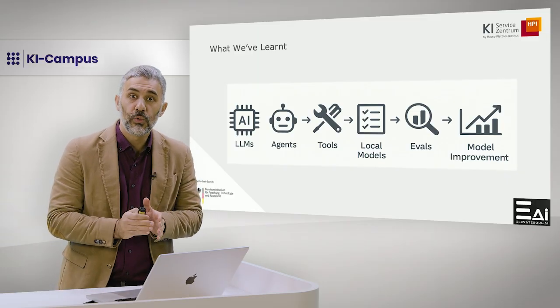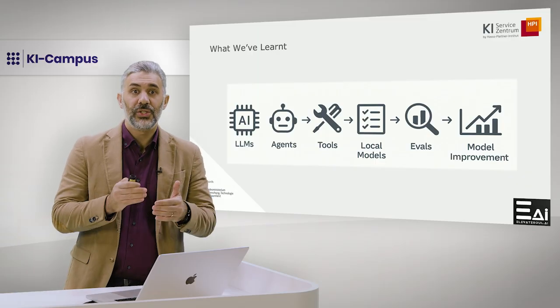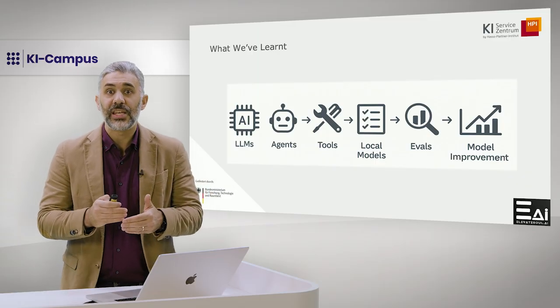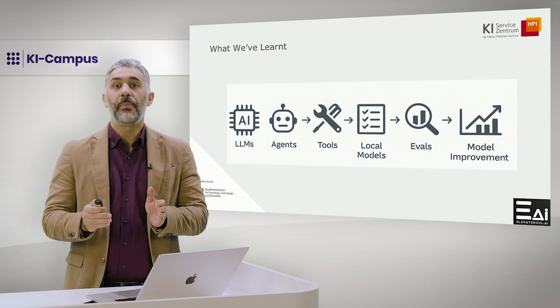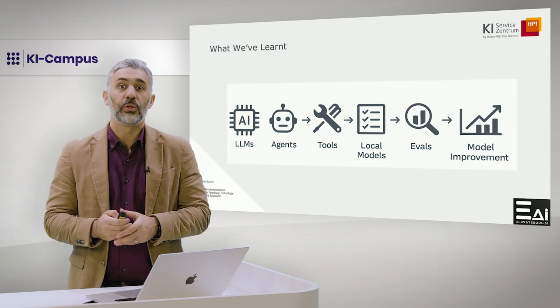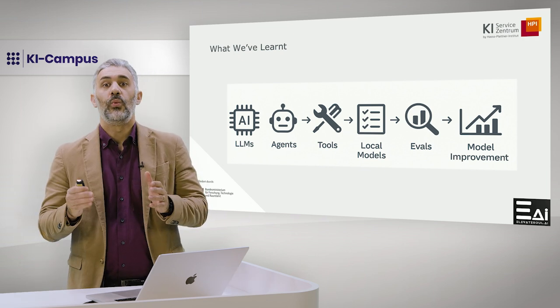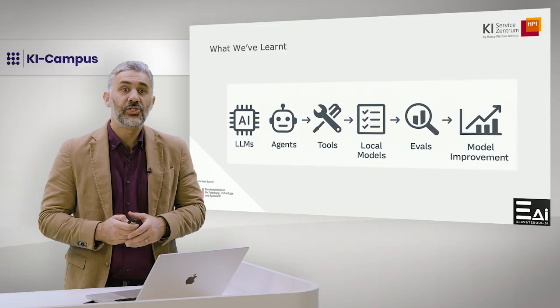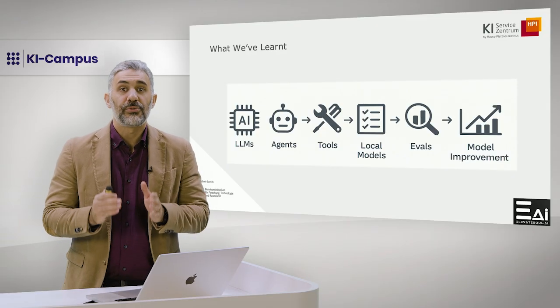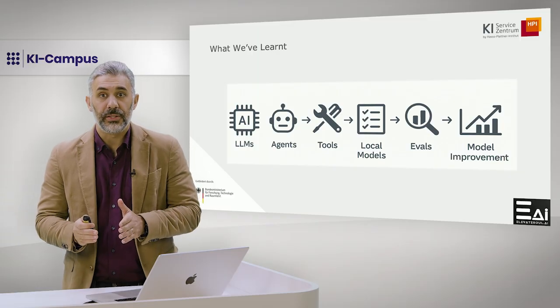We examined tools and MCP servers, which extend an agent's capabilities beyond text and allow it to operate inside real-world workflows. We looked at local models, adding the dimension of efficiency, privacy, and deployment flexibility.